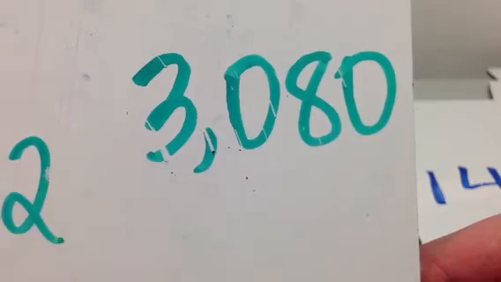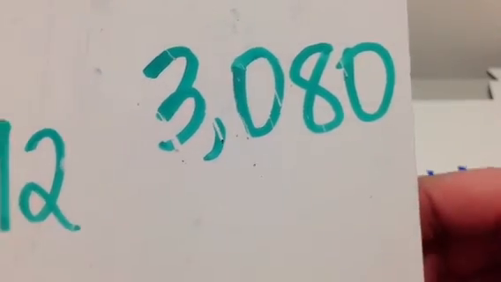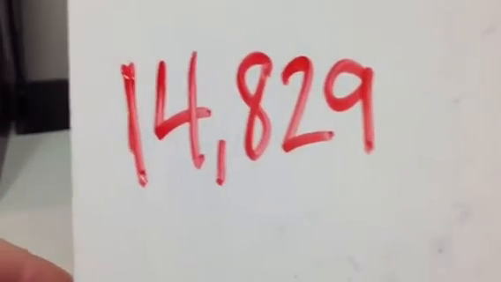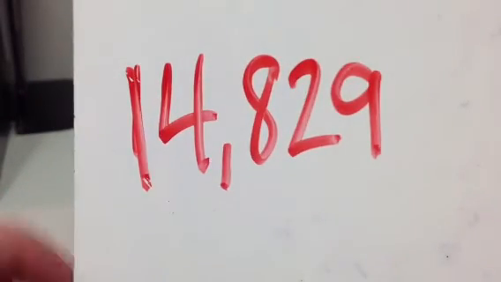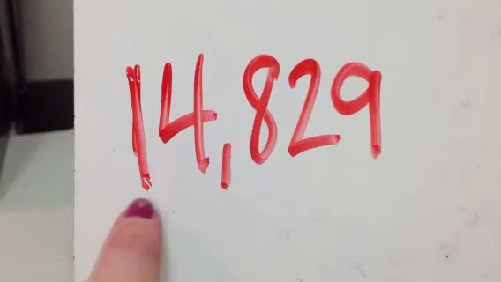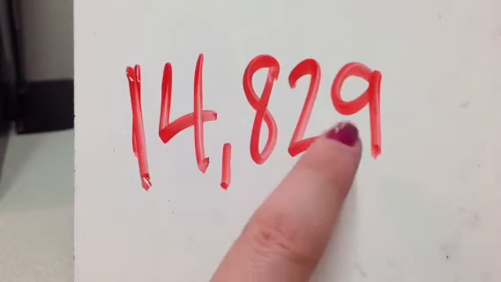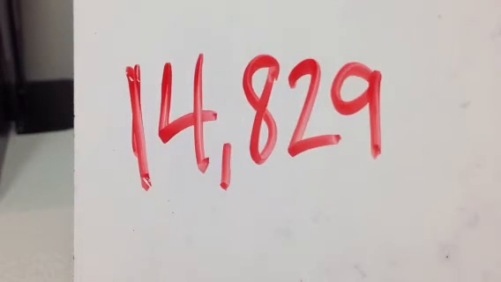Oh my gosh, we can still add them out over here. What if we were to add a digit on this end? Let's look at some examples of those. Let's look at this number. This number, I would combine these two and say them together. So this would be 14,829. Okay?